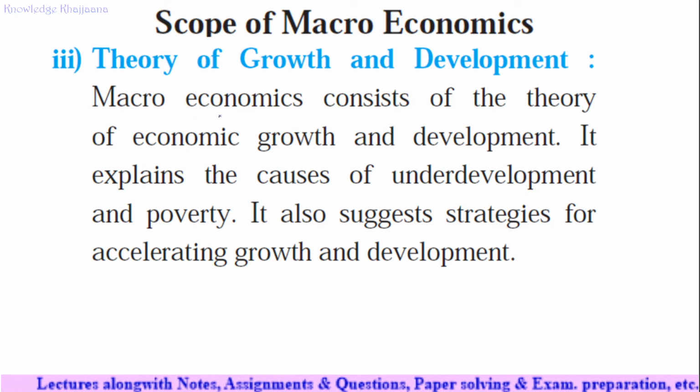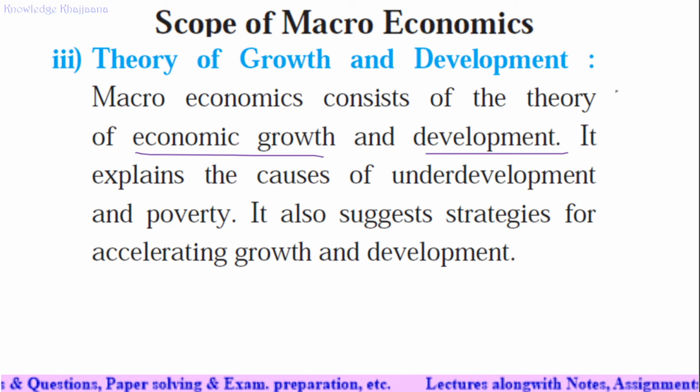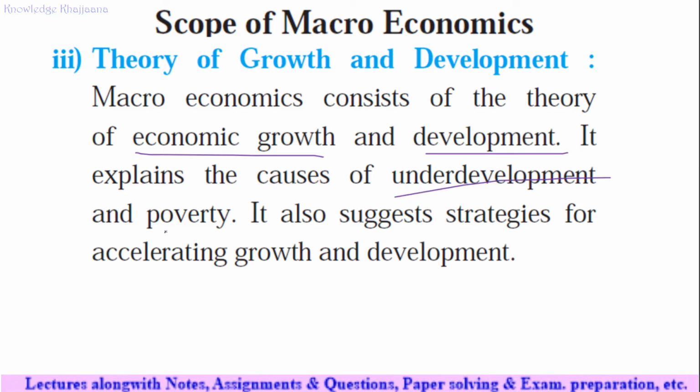The third theory is the theory of growth and development. Macroeconomics consists of the theory of economic growth and development. It explains the causes of underdevelopment and poverty. Underdevelopment and poverty are also learnt in growth and development theory.